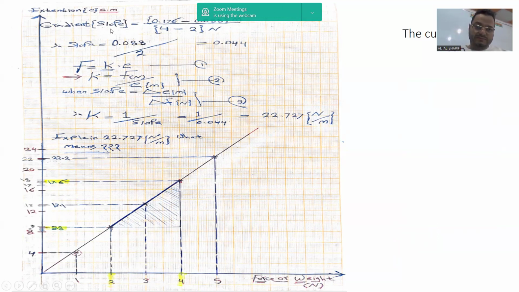The gradient, or slope, it's the same meaning, the same word, equals delta y on delta x, that means delta extension on delta weight. Before that, we must plot our line to determine which points we will depend on to calculate the slope.